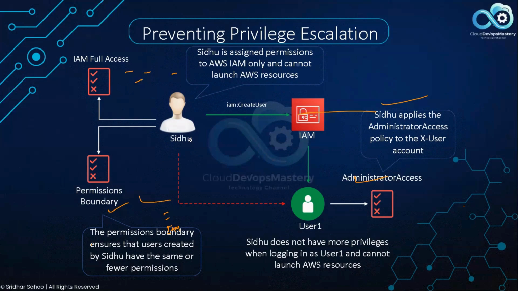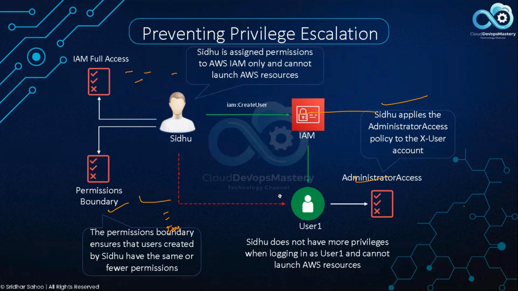Because I am the architect, I am going to set a permission boundary for Sidhu. Once I set it, Sidhu cannot create user one the way he was earlier. Without a permission boundary, he was creating user one immediately and giving complete access. Later he would log in as user one and launch resources, misutilizing them and unnecessarily consuming a lot of billing cost.